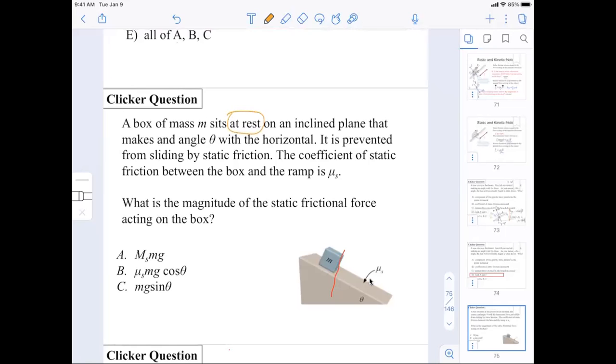I'm going to go ahead and end the poll. And sorry, one second. This is our result. You can see we're pretty much split half and half between B and C. So can anybody share with us what they think the static friction is right now acting on the box? Anybody would like to share with us?